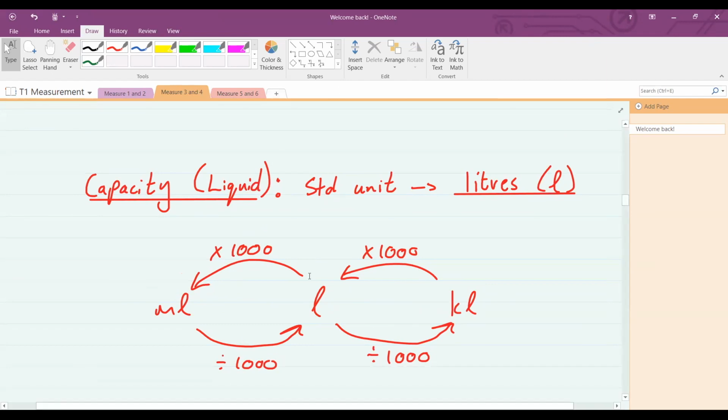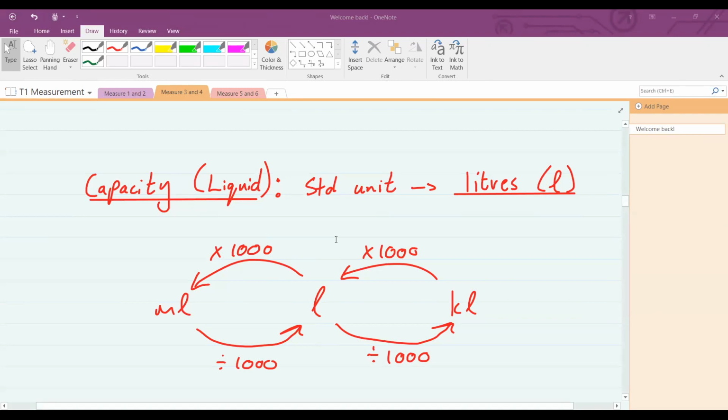There are only 3 units in capacity that we talk about: liters, milliliters, and kiloliters. Those 3 units are the ones we're going to work with in capacity. And I will refer to these diagrams. So you're going to see me using them. It's not going to disappear. I will come back to these diagrams as we do these questions.